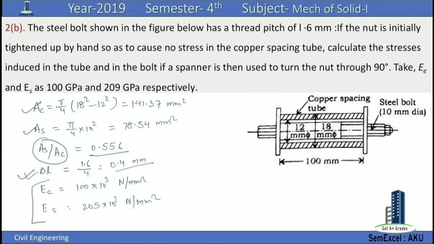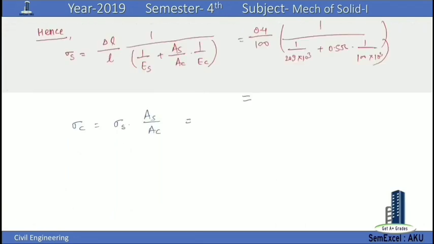We have converted from GPa to Newton per mm square. We have already derived those two formulas. We will put all the values in this formula and we will get the result.